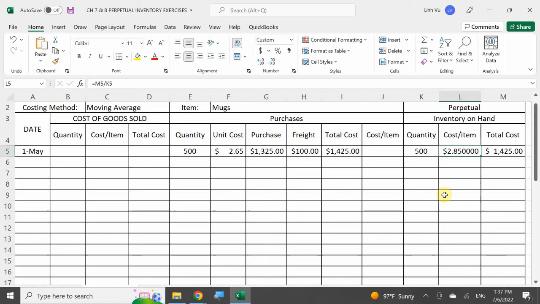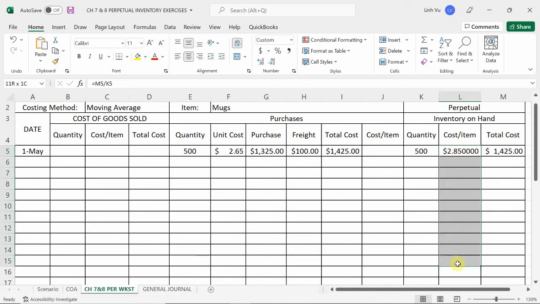Okay? And what I'm going to do here is I'm going to actually drag the formula all the way down. So I'm going to have that automatically calculate for me so I don't have to do it myself. Okay. So there you go. I have 500 units at 14.25. Okay. And that's that one.